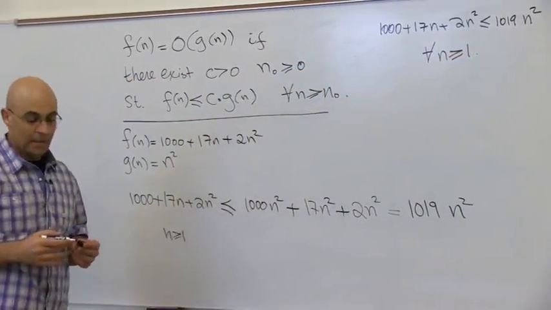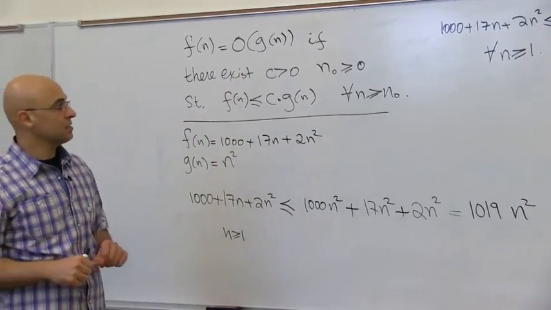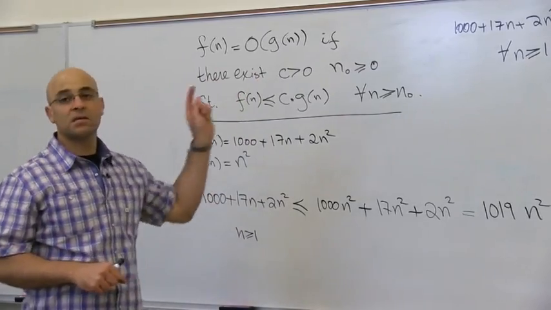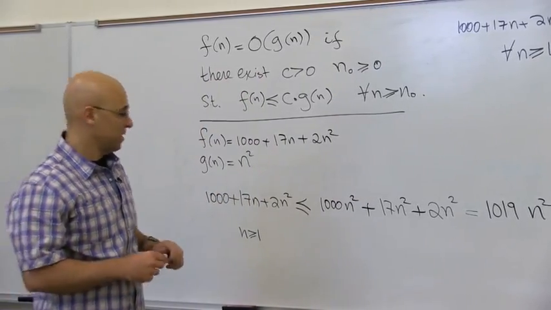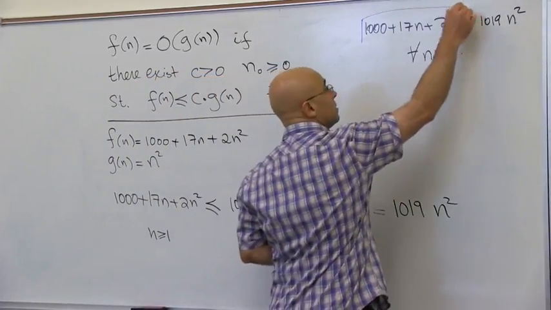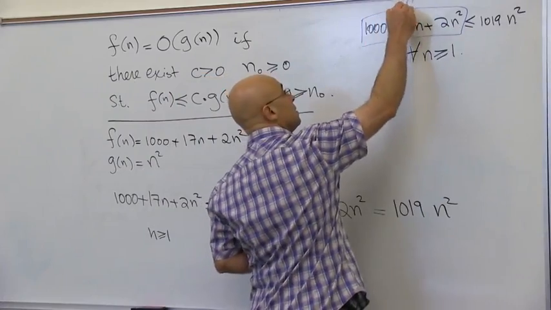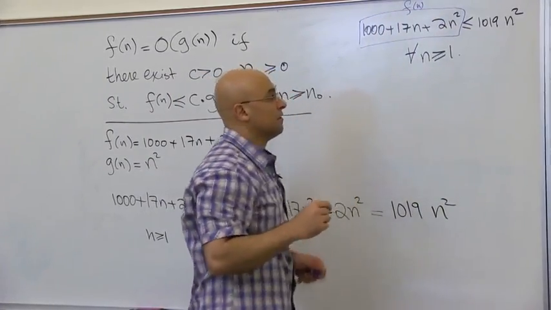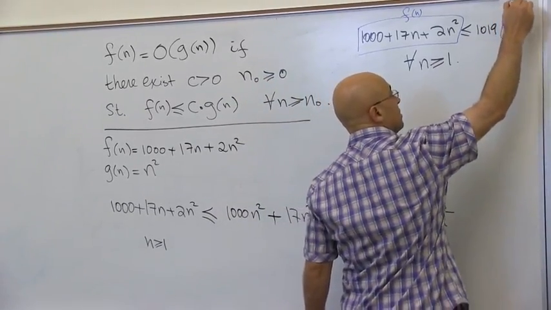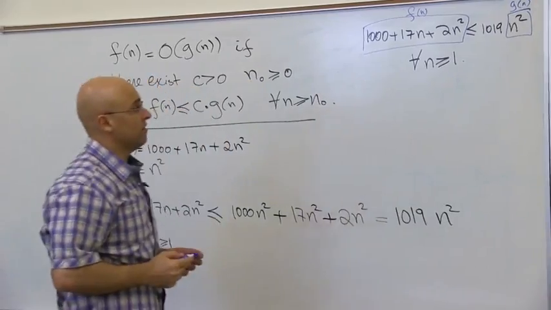Now, when I look at something like this, and look at this kind of definition, you can start seeing some sort of correspondence. This is f of n. This is g of n. So what do I have here?